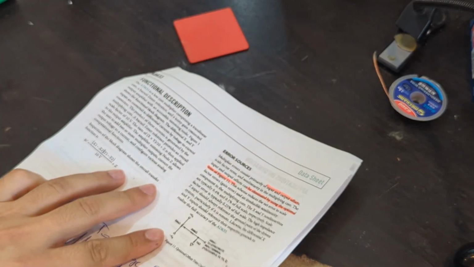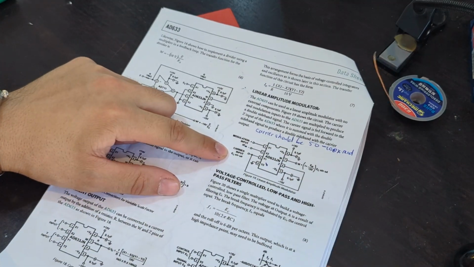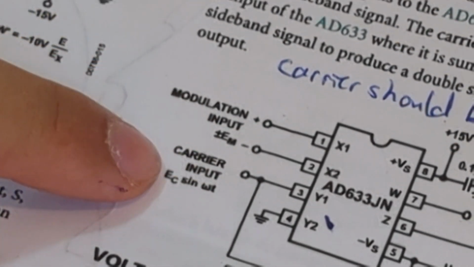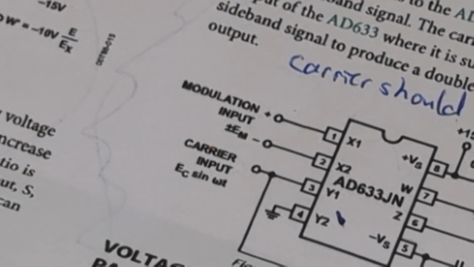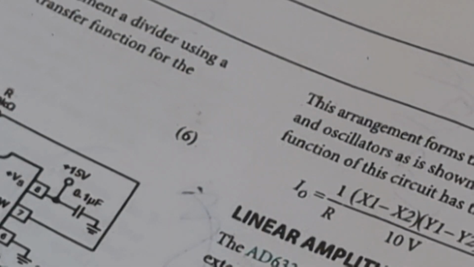So what the datasheet tells us, the carrier input is going to be of the frequency E_C, the amplitude of the carrier, times the sine of omega t, frequency with time. So that's the carrier over here. And then my signal is going to be the modulation input, which is going to be the signal that I want to modulate. And then we get an output.